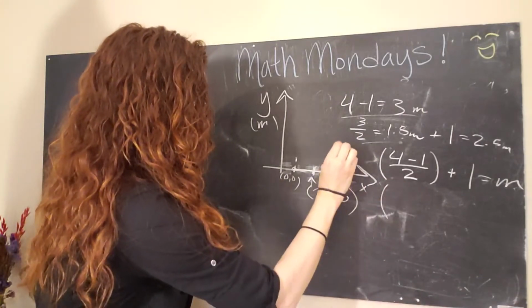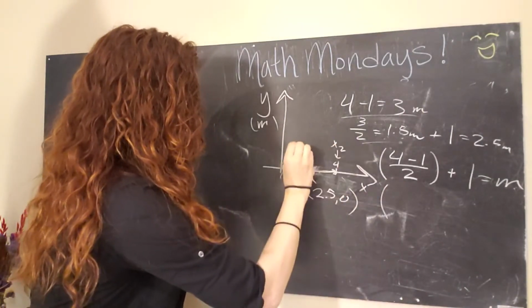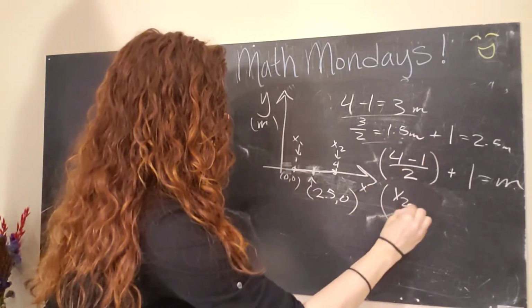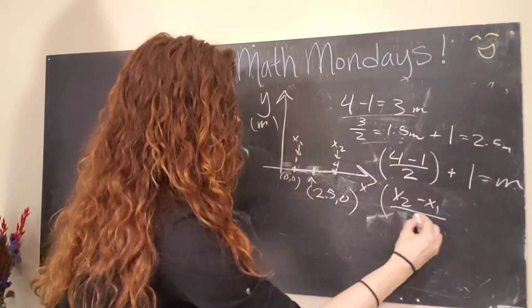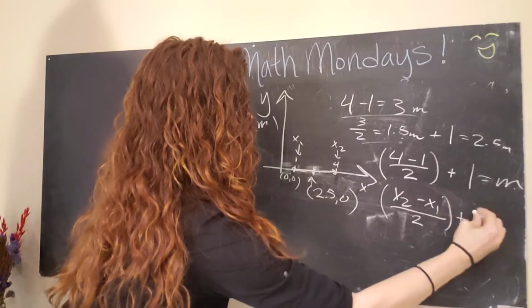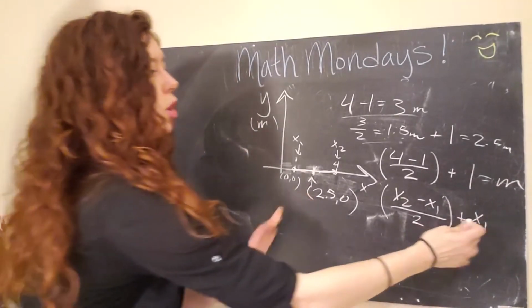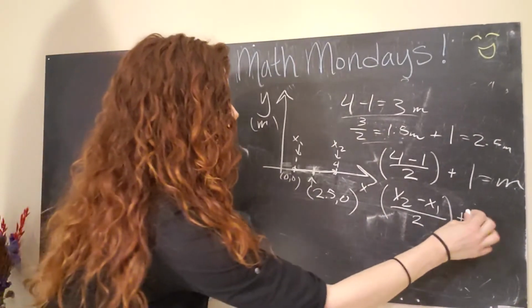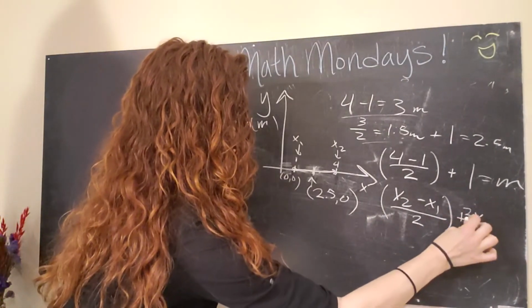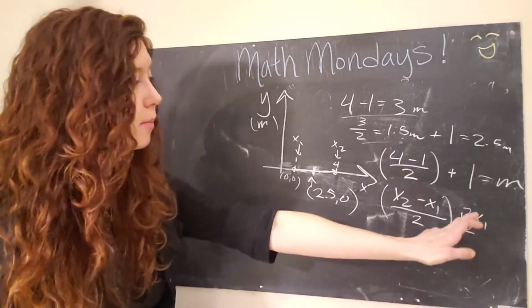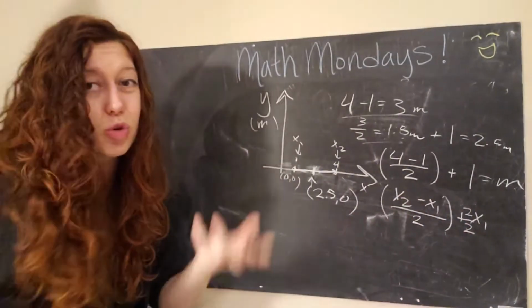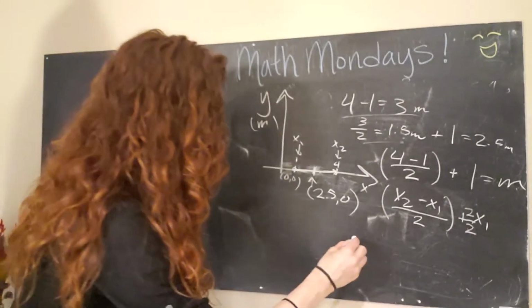So 4 is x2, 1 is x1, and so we did x2 minus x1 divided by 2 plus x1. So if I want to bring x1 into this fraction, I need to multiply it by 2 over 2. And remember, 2 over 2 is just 1, so our equation actually stays the same. We're just rewriting it in a different way.